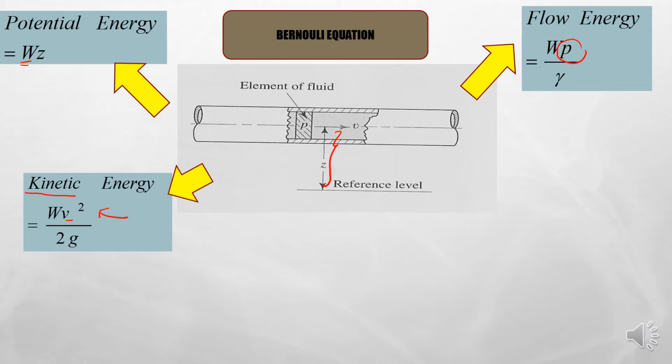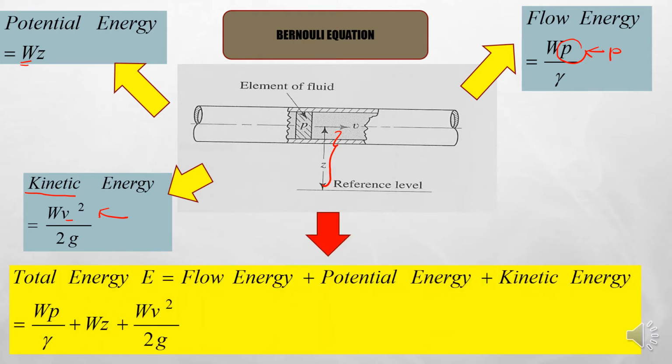That's why there are pressure terms inside the equation. Basically, Bernoulli's equation is derived by the summation of all of this energy, which is flow energy, potential energy, and kinetic energy. So the total energy involved inside the system is represented by this equation, and this is the equation that is used for Bernoulli's equation.